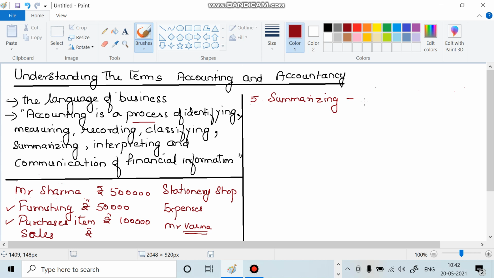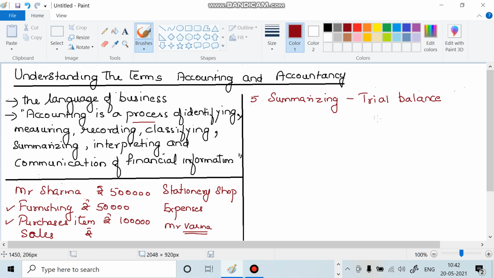And those closing balances, we use to prepare what is called the trial balance. So this is the stage of summarizing, where we summarize the accounts created in the ledger book into a statement called the trial balance, showing the ledger account heads and their respective debit or credit balances.